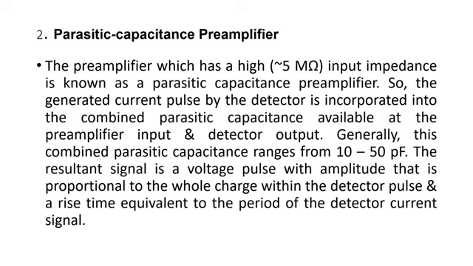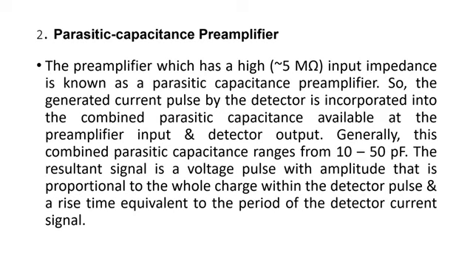I send the current pulse from the detector circuit to the preamplifier, which has an input impedance of 5 megaohm, so that it causes a parasitic capacitance effect.